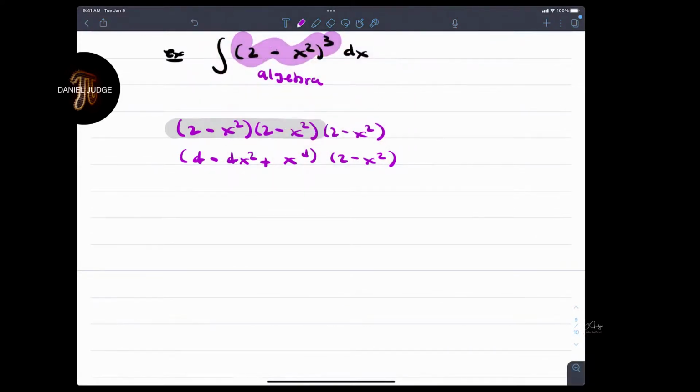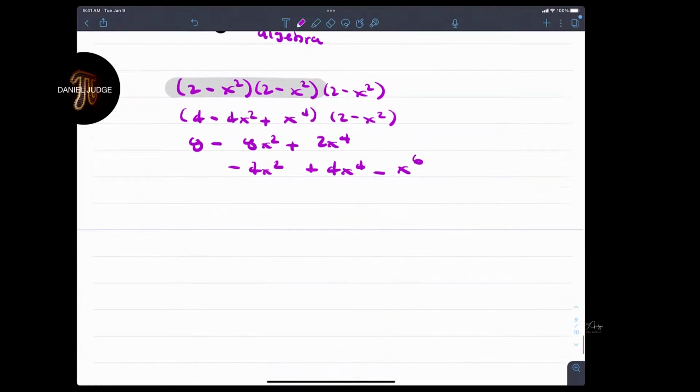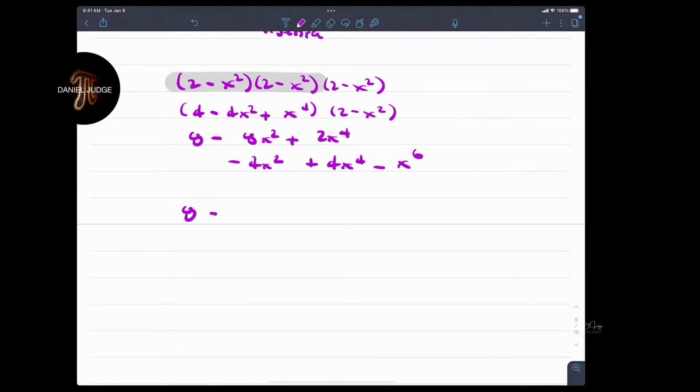So multiply the 2 with everything, so you get 8 minus 8x squared plus 2x to the fourth, and then minus x squared, that's minus 4x squared. Plus 4x to the fourth. Looks like that's minus x to the sixth. Double check, ladies and gentlemen. 8 minus 12x squared plus 6x to the fourth minus x to the sixth.